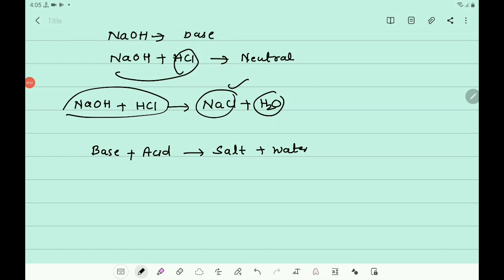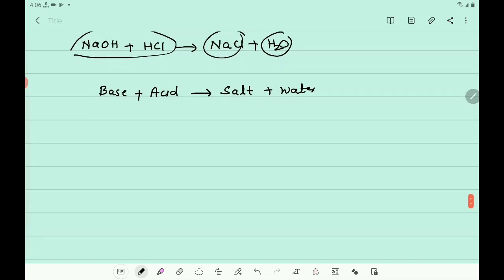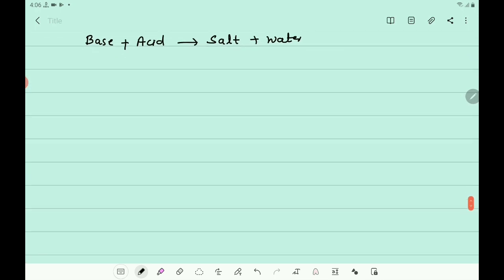So if an acid reacts with a base, you will get a neutral solution, that is, the salt and water. So this process is called a neutralization reaction. Then what is a neutralization reaction? The reaction between an acid and a base to give a salt and water is known as a neutralization reaction.